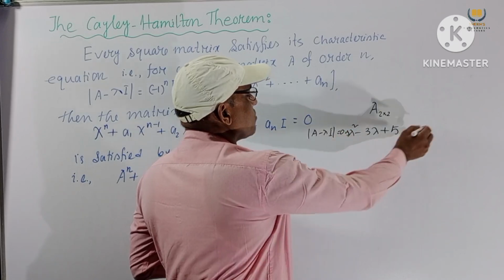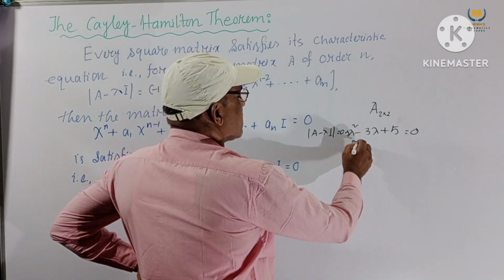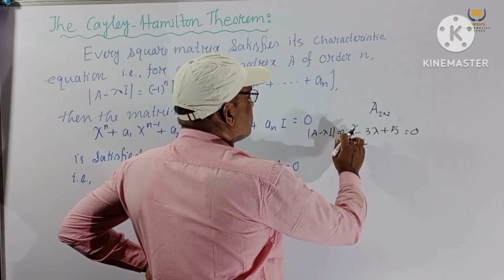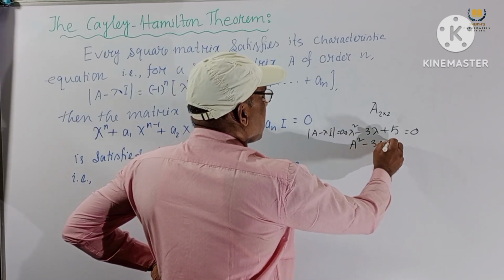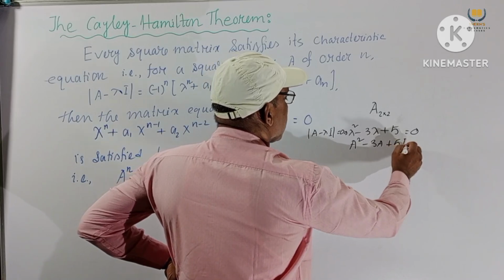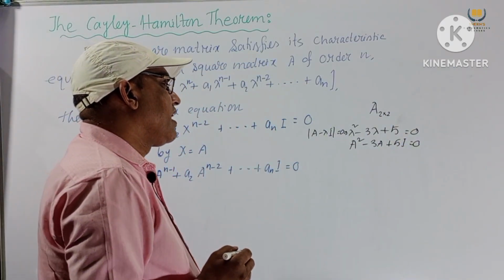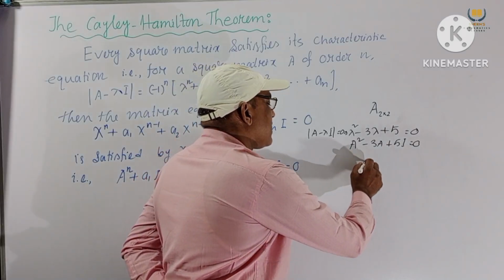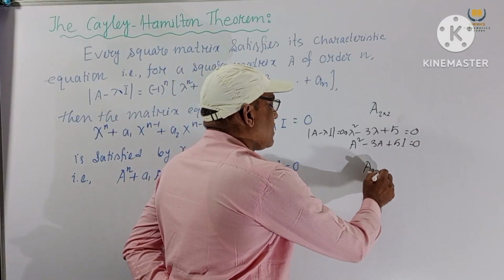Then A satisfies this equation: A square minus 3A plus 5I equal to 0. Again, suppose A is a square matrix of order 3, a 3 by 3 matrix.